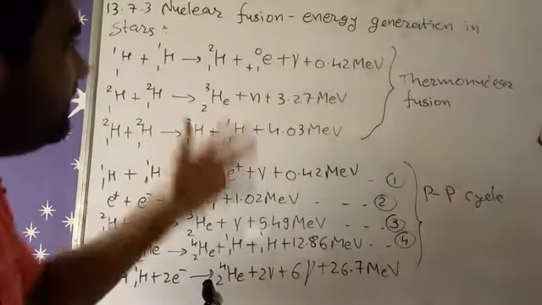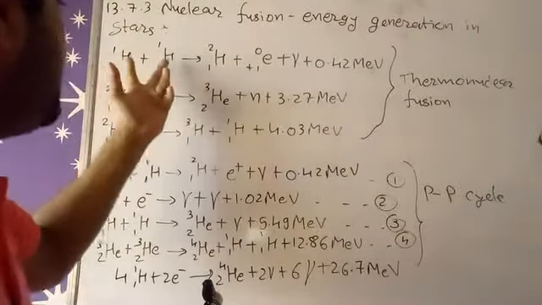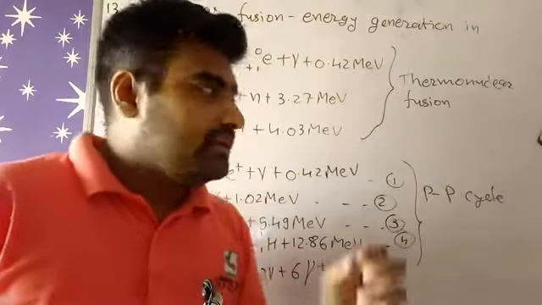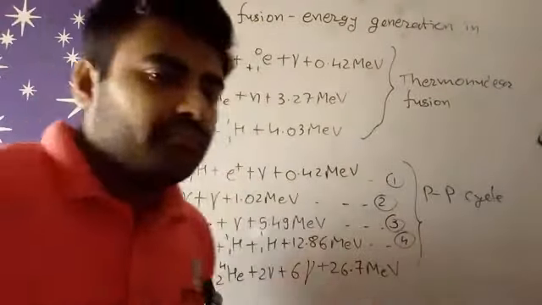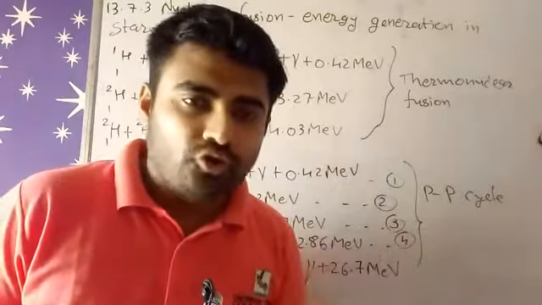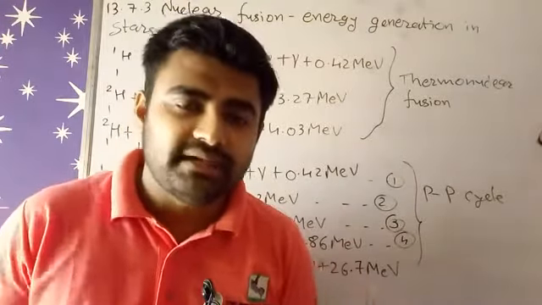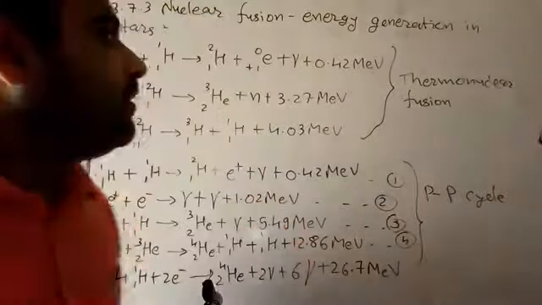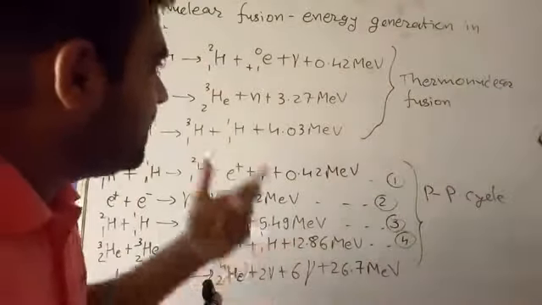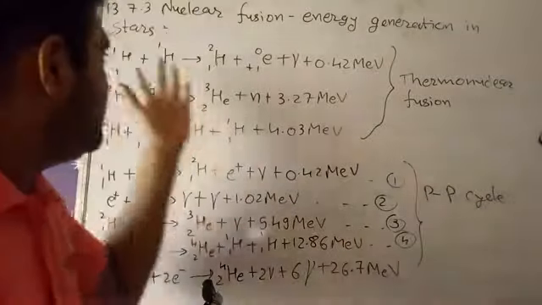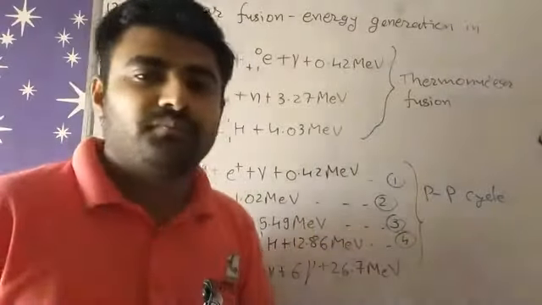So how is this process going to happen? See here, two hydrogen atoms. In those two hydrogen atoms we have two protons, and protons are always positive charges, and like charges repel each other. So how does the energy come that these two hydrogen come together, since there will be a repulsive force because of the Coulomb force?